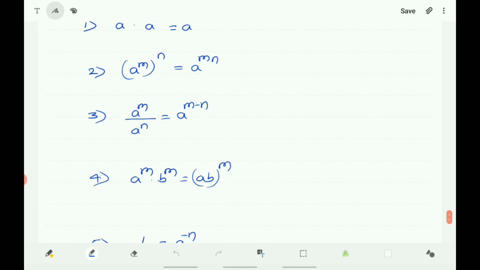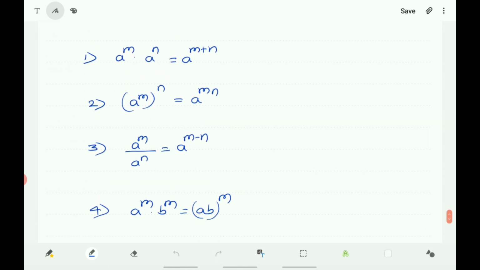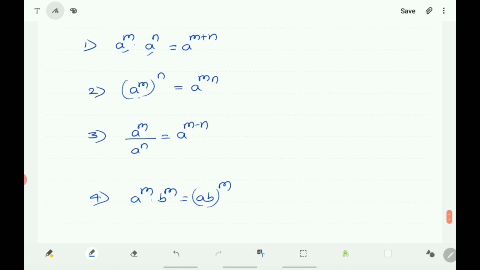This is the law of exponents. Here the bases are same, means in the product form you must add the powers. And a is the base, to the power of m whole to the power of n means you must multiply m and n powers. And a to the power of m by a to the power of n, here the bases are same, so the law becomes a to the power of m minus n.